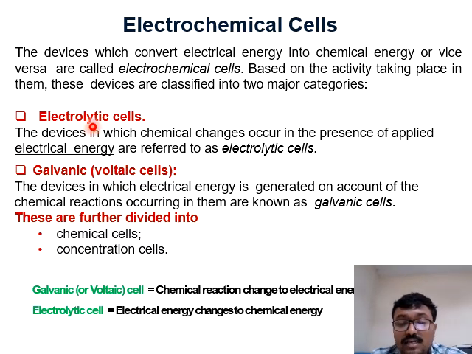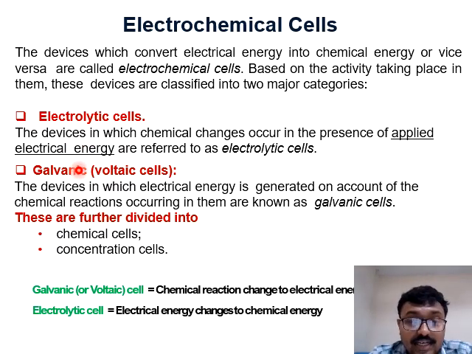What is an electrolytic cell? It is a device in which a chemical reaction occurs in the presence of applied electric energy. Means we are applying electricity into the cell, and because of that electricity, a chemical reaction occurs in the cell.